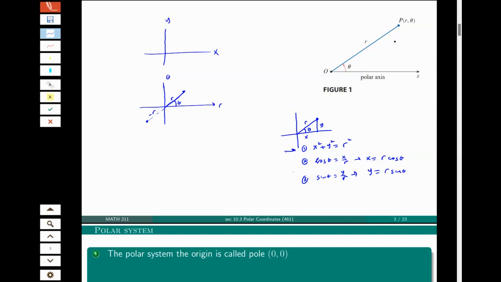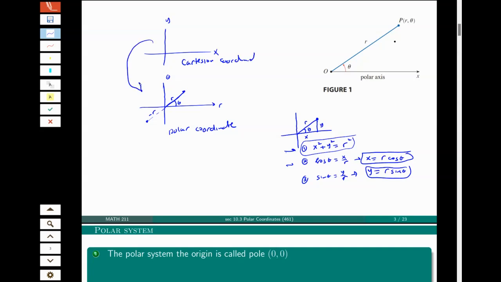From now on, these three equations are extremely important to convert from polar coordinate to Cartesian coordinate.